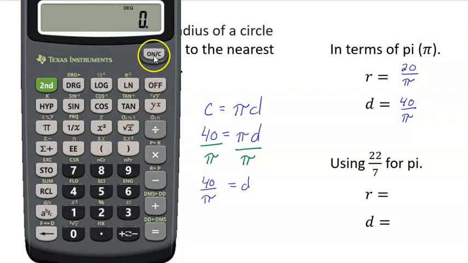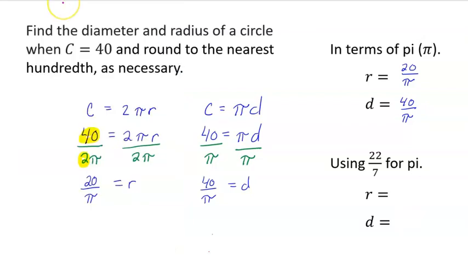So in this case, for the radius, I have 20 divided by, and then instead of pi, I'm going to put parentheses 22 divided by 7, close parentheses, and then hit equal. And I got 6.363, and then of course we want to keep 2 decimal places because it asked us to round to the nearest hundredth.